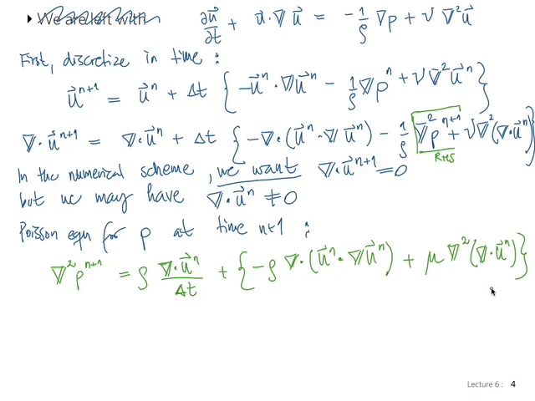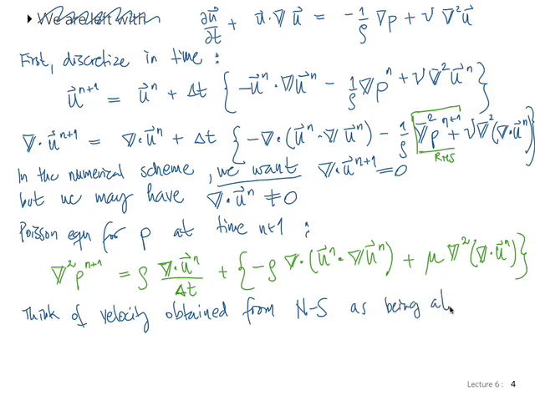And so you can think of the velocity obtained from the Navier-Stokes as an intermediate step, so it's u n plus 1/2, and the divergence of this is not exactly 0.